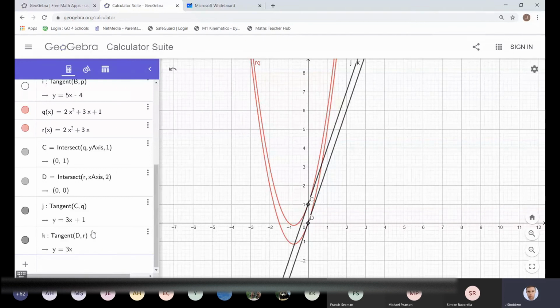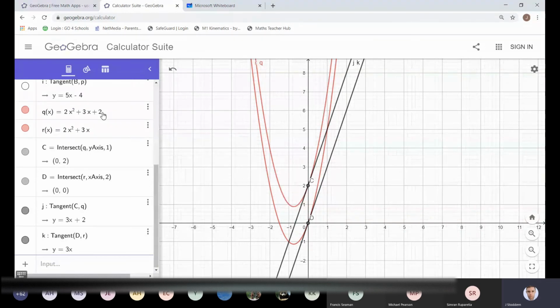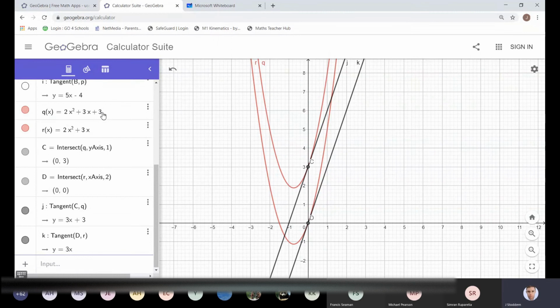Obviously, it's a different line, but it's the same gradient. And I could change that +1 to a +2, to a +3. The gradient doesn't actually change. Obviously, the line changes because it goes to a different point, but it's the same gradient. Why doesn't that change?